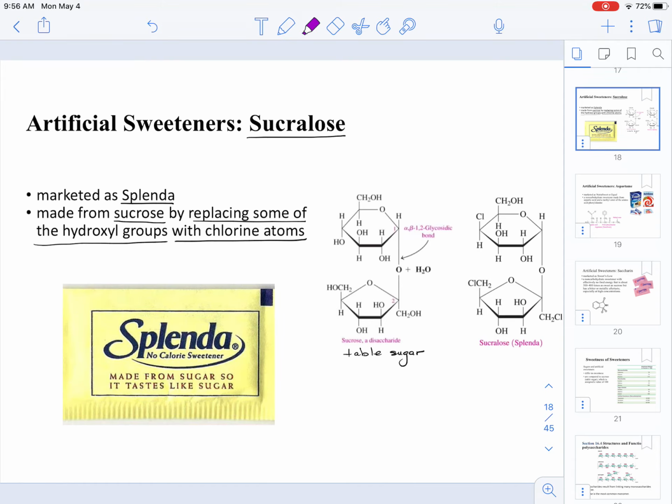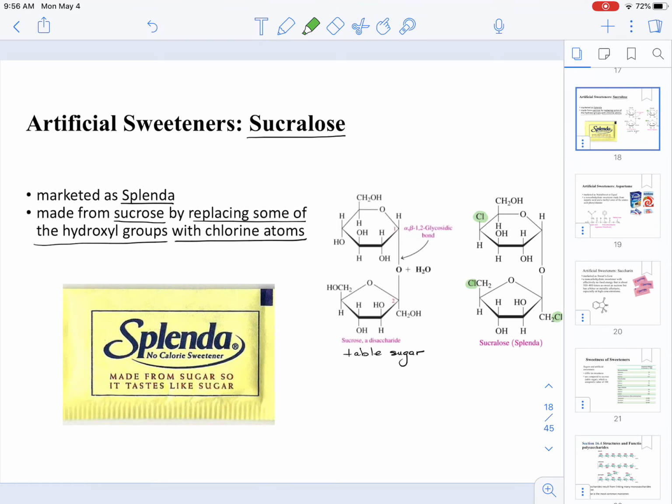How many chlorine atoms, you may ask yourself? Well, there's 1, 2, 3. So the replacement of those 3 hydroxyl groups by chlorines was what gave rise to sucralose.